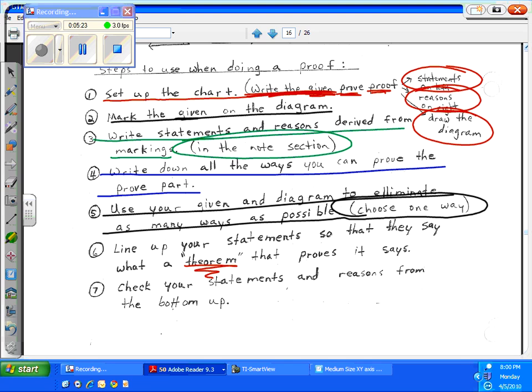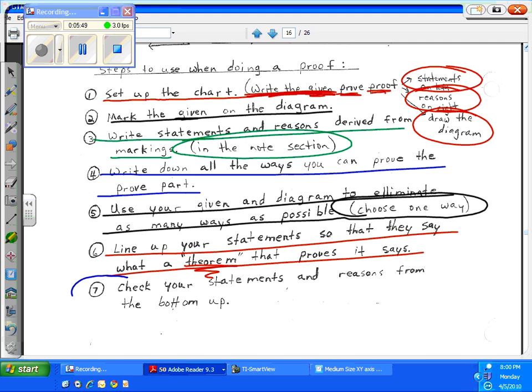So there's going to be a theorem, which will be our final reason that we're going to prove it by. So we need to line up all the statements so that they say what that theorem says. That means we have to know every theorem in the book. We have to understand it upside down and backwards, and we have to be able to visualize that theorem.